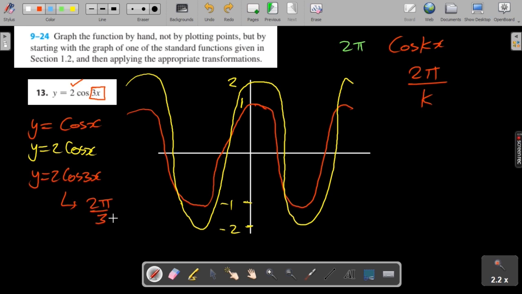That should tell you that this has been compressed 3 times, or you can get 3 cycles in the space where you'd only get 1 cycle for this. So this would be much, much faster, and there would be 3 of them in the time that you get 1. So from there to there, that's 1 cycle.